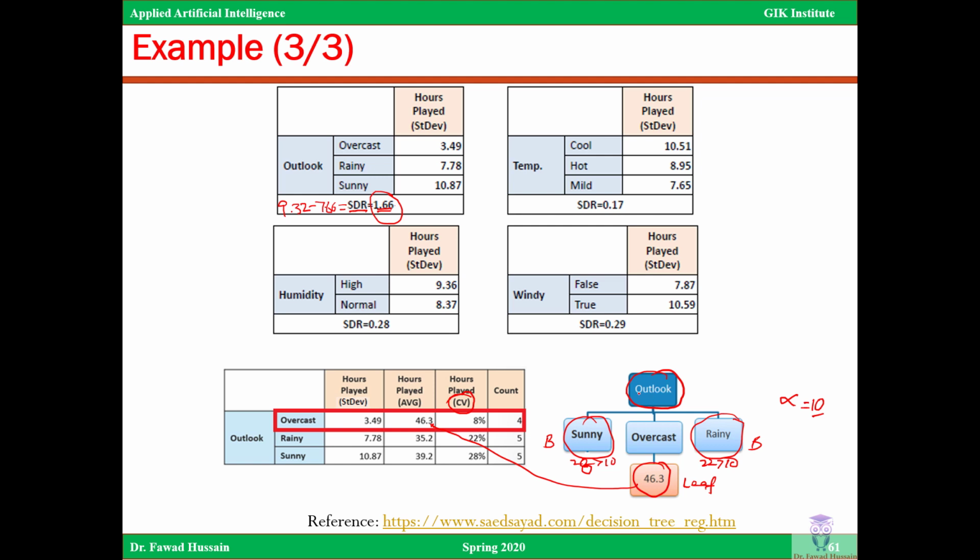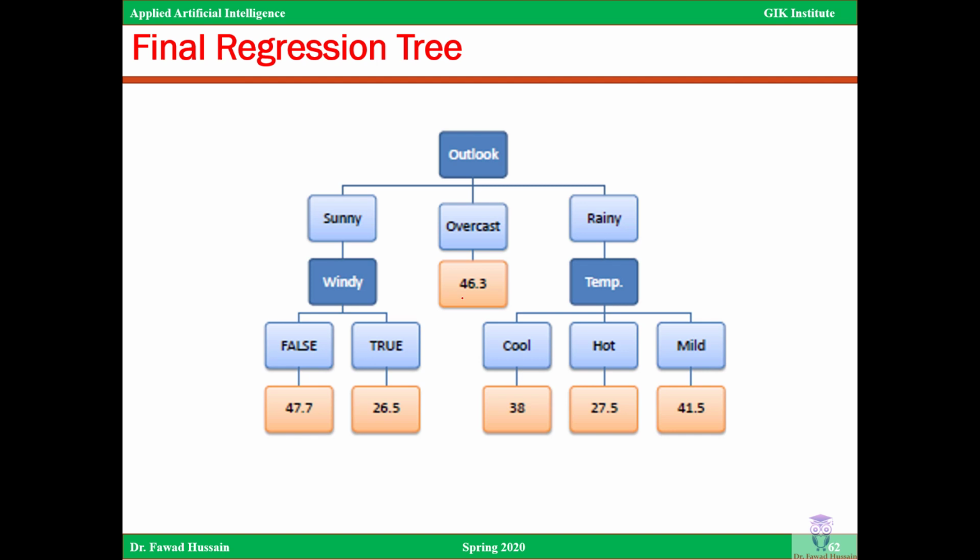It means that we have already chosen outlook, so this is no longer available. We have to choose one of humidity, temperature, or wind. To do that, we are going to calculate the standard deviation of this as it is, and then the standard deviation after we use humidity or temperature or wind, and then decide. So the final tree is going to look something like this.